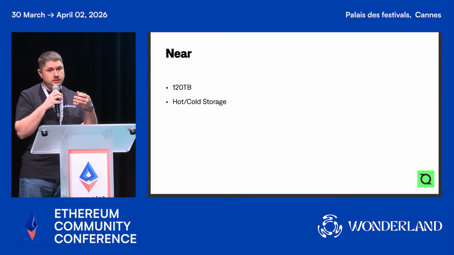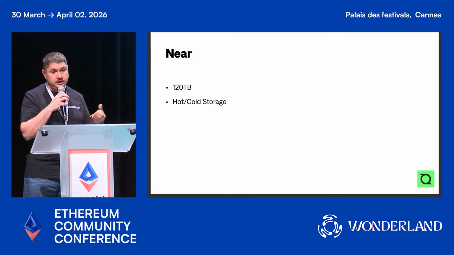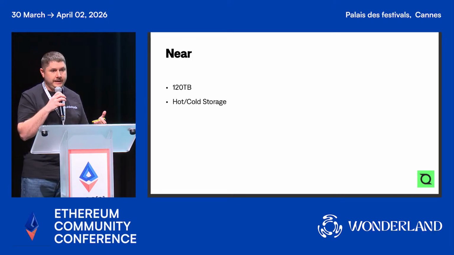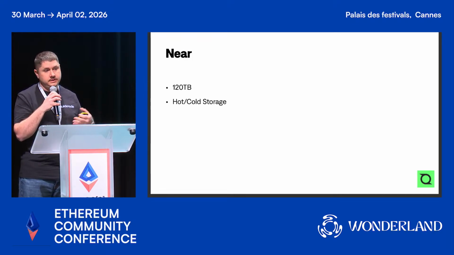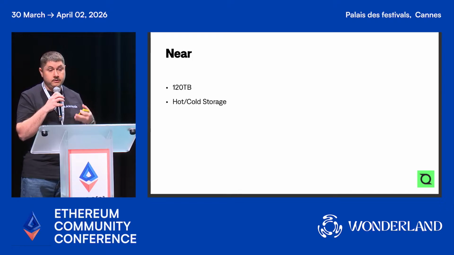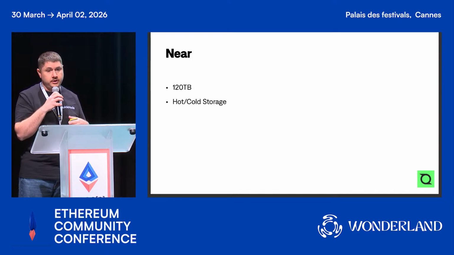The current state is tracked in a local database, and then they have a cold storage, which is a separate key value store that we generally run in a SAN because it's 120 terabytes. You can't get 120 terabyte drives, and you still need fairly high performance because it's a key value store. The more data that you put into it, the slower it's going to get.